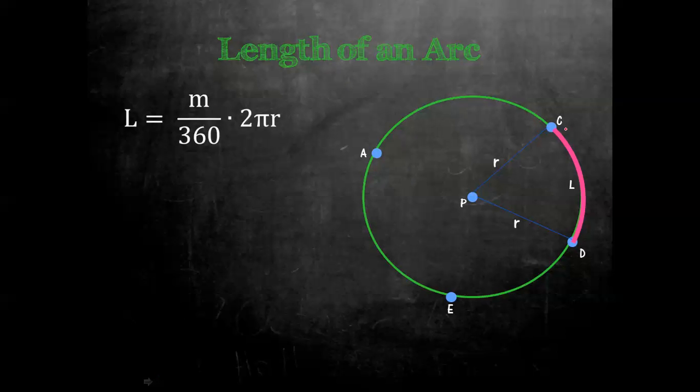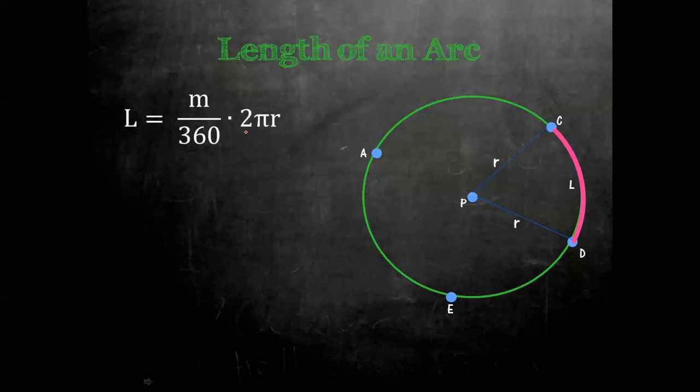You can also measure an arc by its length. So there are actually two ways to measure an arc: the degree measure and the length measure. The way you measure the length of an arc is you take the degree measure first and divide it by 360, and then you multiply it times 2 pi r.